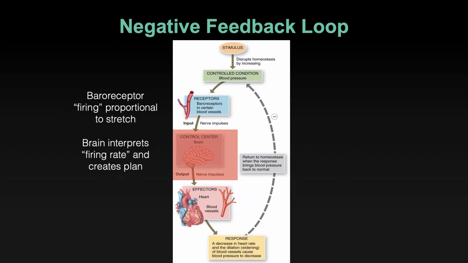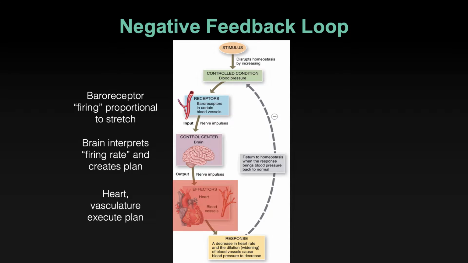The effector sees that fast firing rate and creates a plan. That plan can involve many different organs. It doesn't have to only be the arteries. It can be the arteries, it can be the heart, it can be different aspects of the heart. It can make the heart beat less quickly.